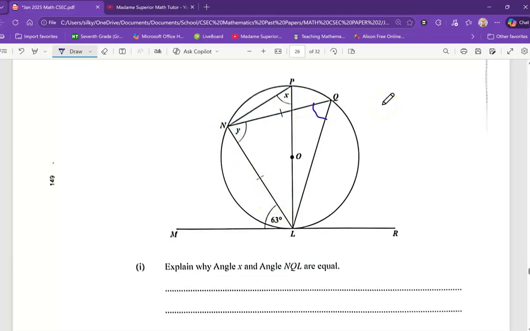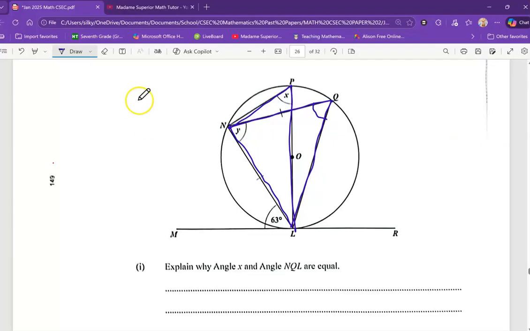Because if I just draw two lines starting from point P at angle X, going backwards this way, and then from angle Q, I draw another two lines, those two, what we call arms of the angle, we notice that both angle X and angle Q share that same chord LN. So that chord LN actually forms those two angles.